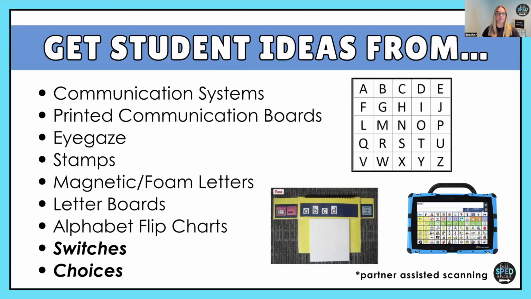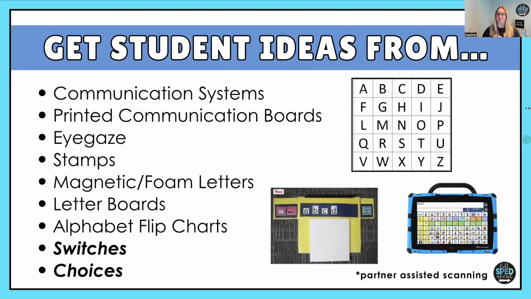Depending on where your student is at, they have different numbers of items on a page. Using eye gaze, here's a variety of letters, here's a variety of words, which word are you thinking that you want to use? Stamps is another great one. Stamping every letter to spell a word is also really helpful. Magnetic or those foam letters, depending on where your student's tactile response is at, and where they can manipulate those letters themselves.